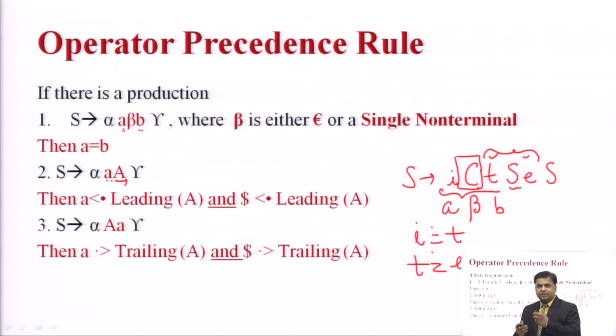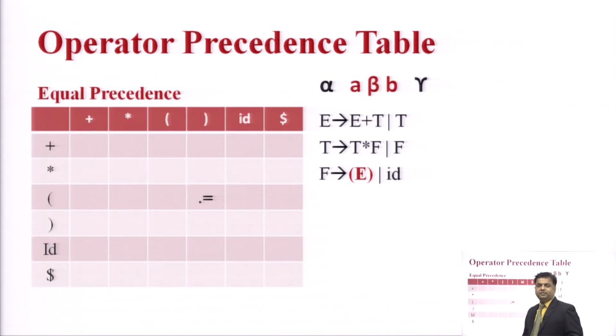So, my objective will be to find out the pattern terminal followed by a non terminal. If such a pattern is found, then I say that A has less precedence than the leading of A. I have calculated the leading of A and also defined that dollar has less precedence than the leading of A. So, I come to this pattern.